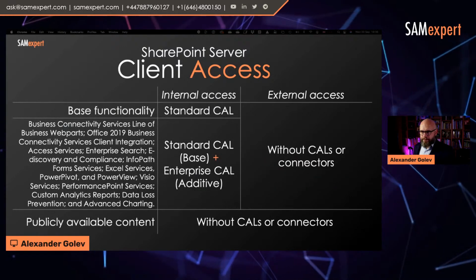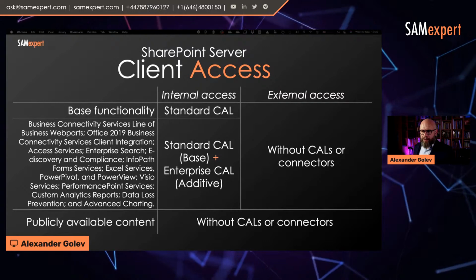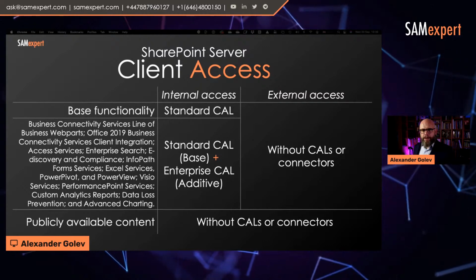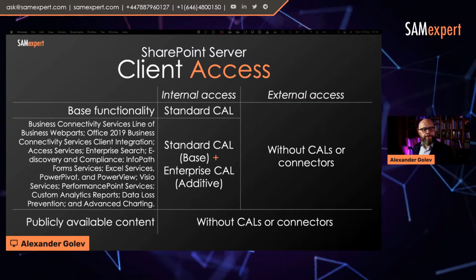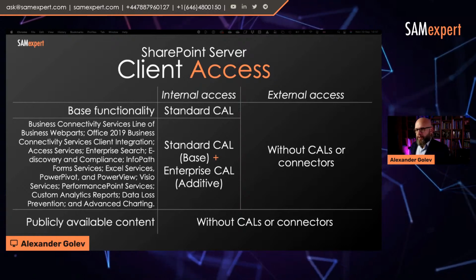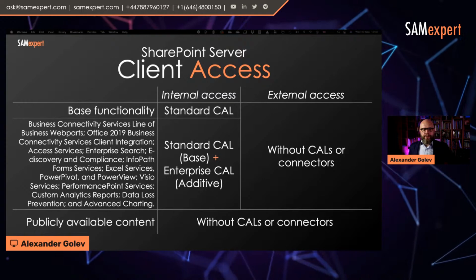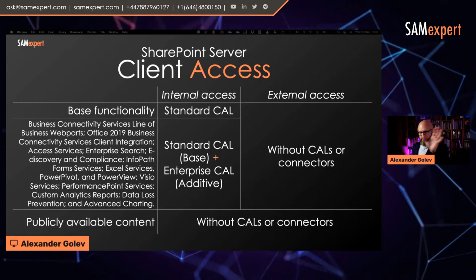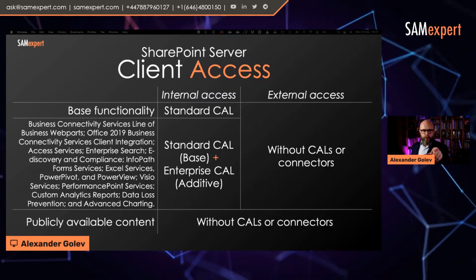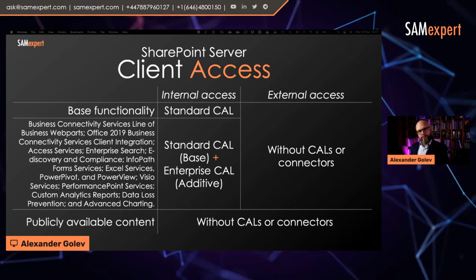One of the features unique to SharePoint is when you publish publicly available content, that is the same for internal users and external users. CALs are not required for neither internal or external users.